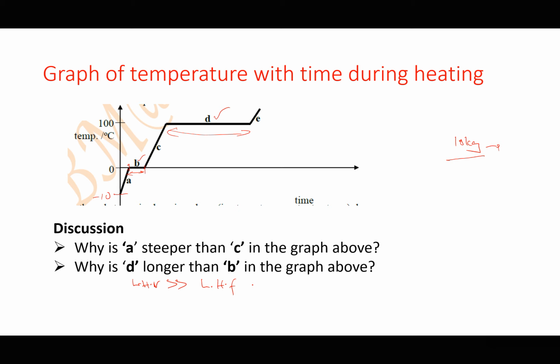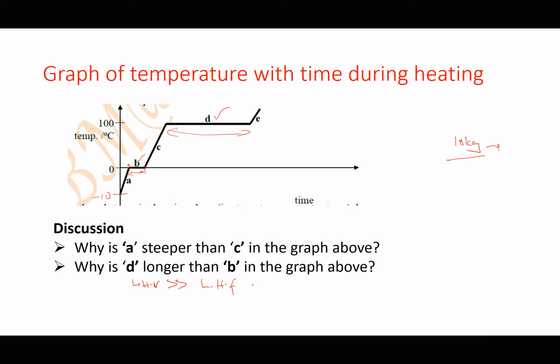Remember, latent heat is the amount of heat required to change the state without changing temperature. It will need more energy to change all the liquid into vapor than it would need to change all the solid into liquid. So the latent heat of vaporization is far greater than the latent heat of fusion.